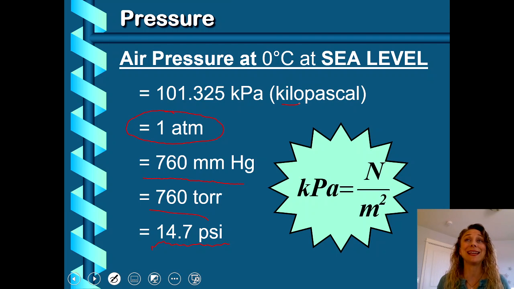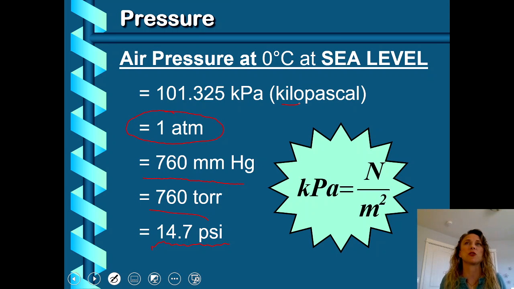The nice thing is that at 0 pressure, all of these are 0. There's no pressure, so they're all standardized: 0 pressure is 0 ATMs, atmospheres, 0 millimeters of mercury high, way at the bottom, and 0 pounds per square inch.